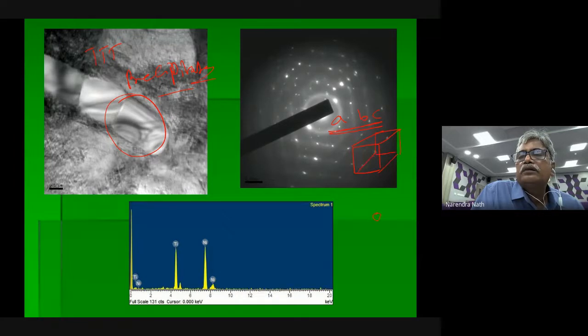Those things we can study here, but we didn't do this. We stopped. But with this, you can see here nicely titanium nickel is there, and with this we can prove it. See, the scale is 0.1 micron. With this we can prove that a beautiful precipitate has grown.